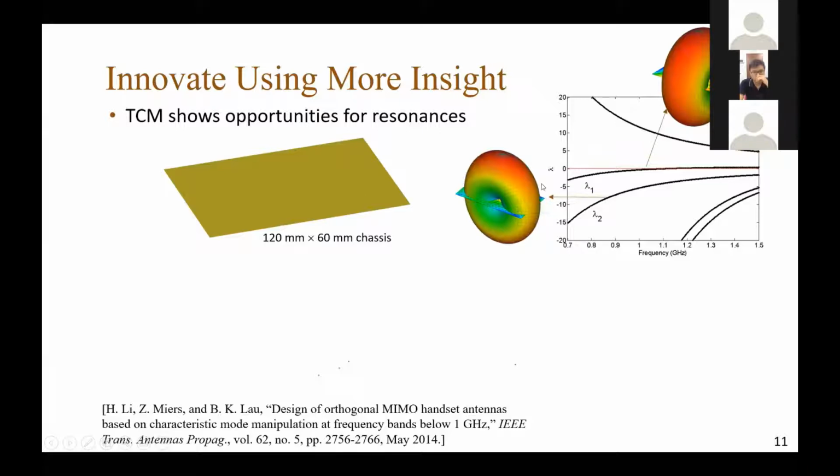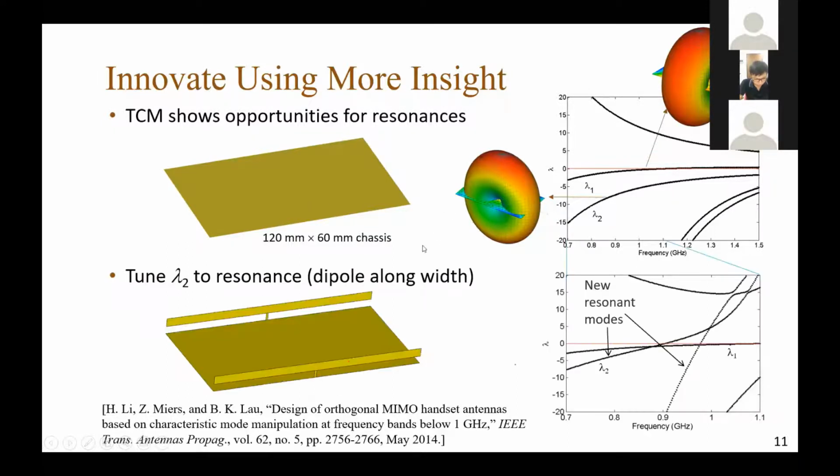The current is flowing along the width of the chassis, and the dipole pattern is rotated 90 degrees with respect to the current direction. In order to make this mode useful, we want to make it resonant. By adding 2 strips along the longer sides of the chassis, we managed to load this mode so that it is now resonant.